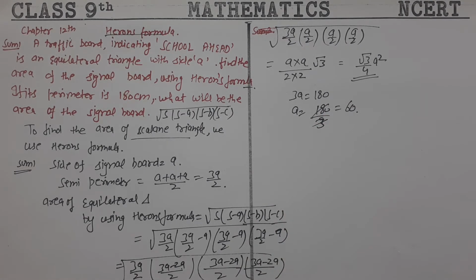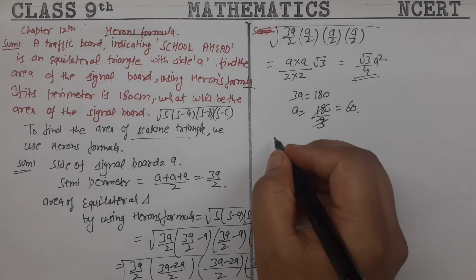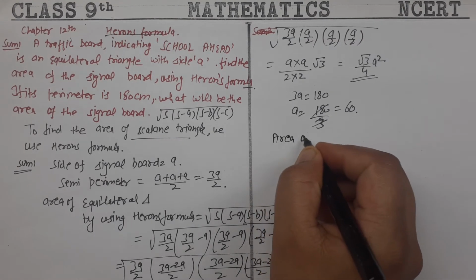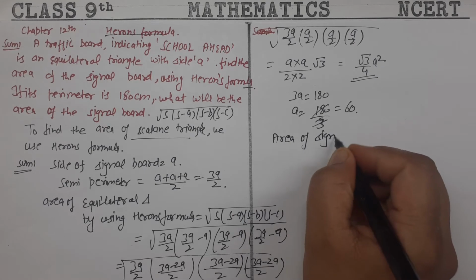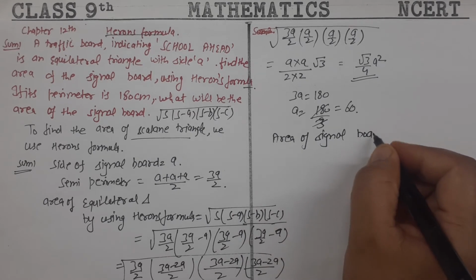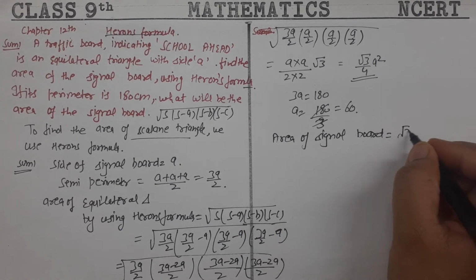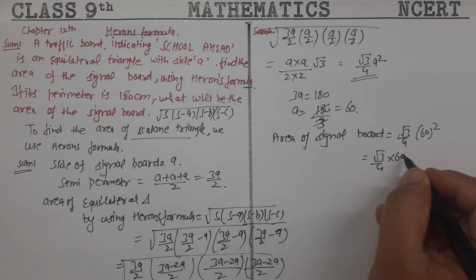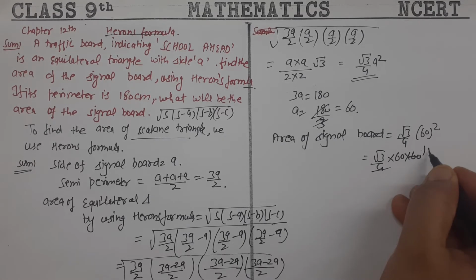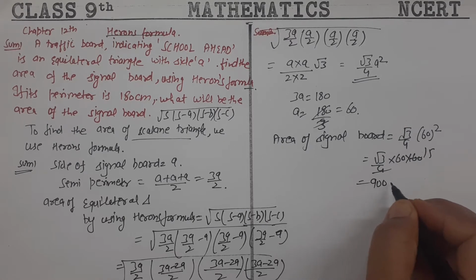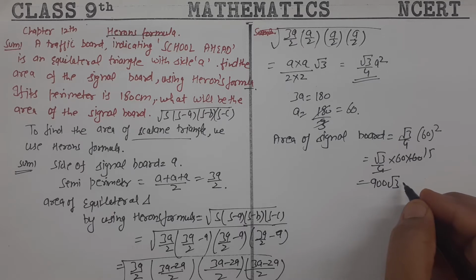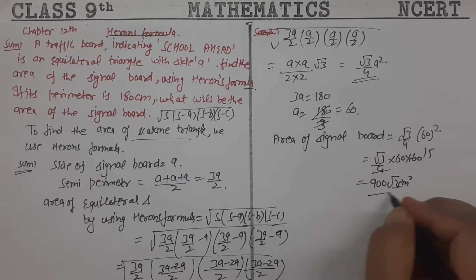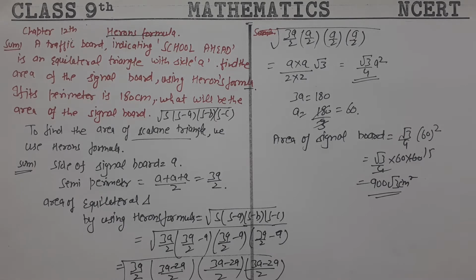What will be the area of the signal board? Area of signal board is root 3 by 4 A square. It makes 900 root 3 centimeter square, which is the answer.